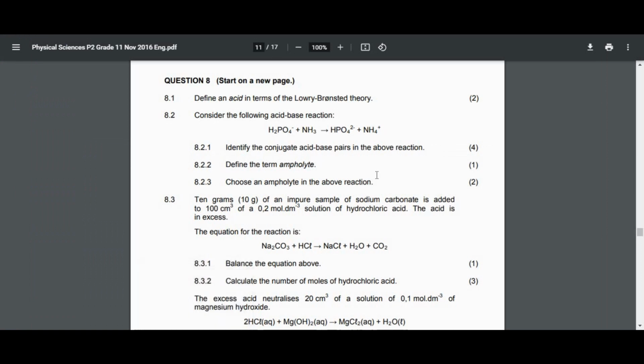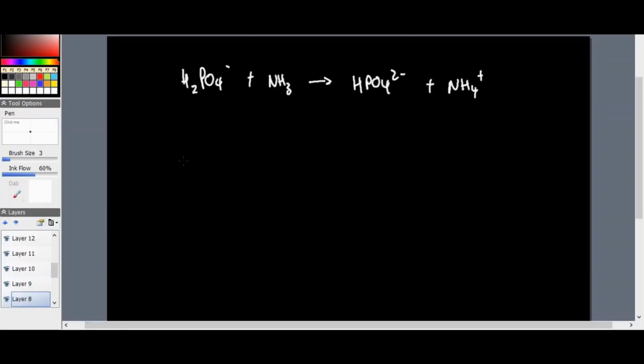And the conjugate acid-base pairs of the above reaction should look as follows. HPO4 2 minus and H2PO4 minus. Of course, a proton goes from the acid here to the base, which is ammonia.